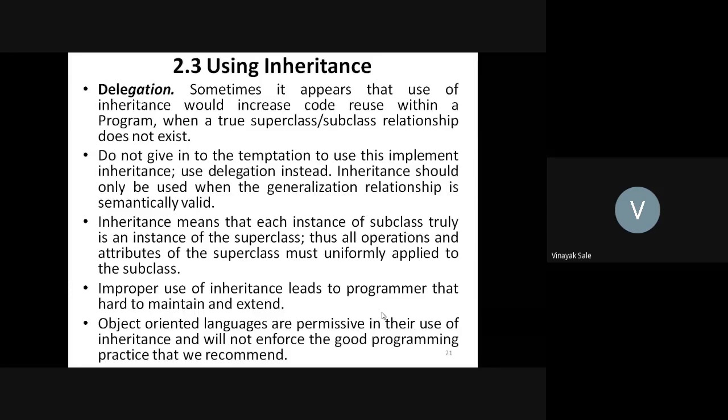Inheritance should only be used when a generalization relationship is semantically valid. Inheritance means each instance of a subclass truly is an instance of the superclass. Thus, all operations and attributes of the superclass must uniformly apply to the subclass. Improper use of inheritance leads to programs that are hard to maintain and extend.